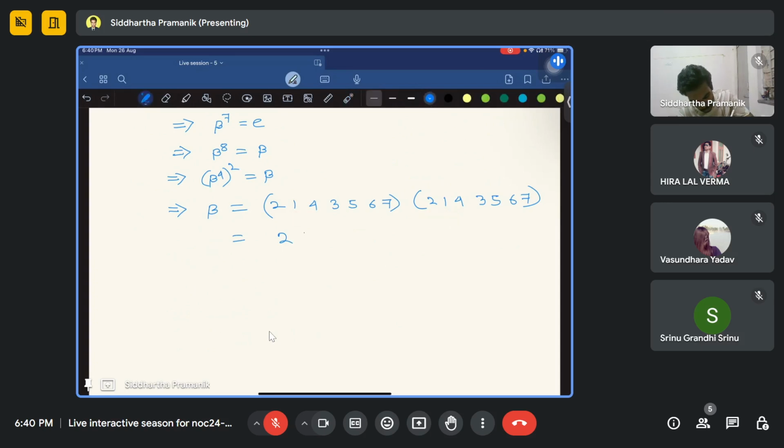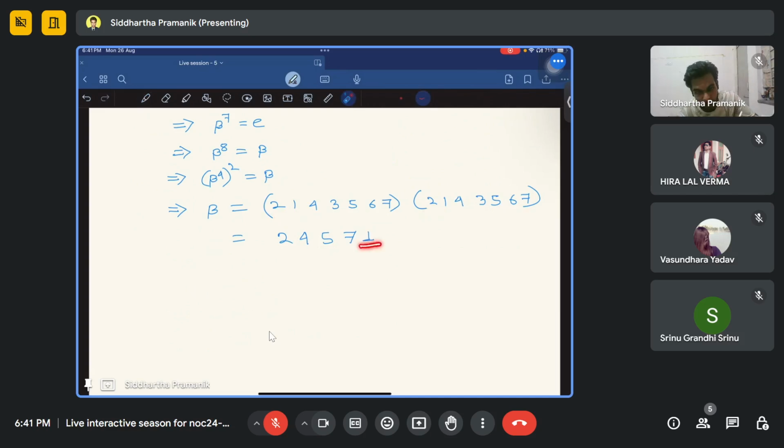So 2 goes to 4. Now let's see 4. 4 goes to 3, 3 goes to 5. So 4 goes to 5. Now 5 goes to 6, 6 goes to 7. So 5 goes to 7. Now let's see 7. 7 goes to 2 and 2 goes to 1. So 7 goes to 1.